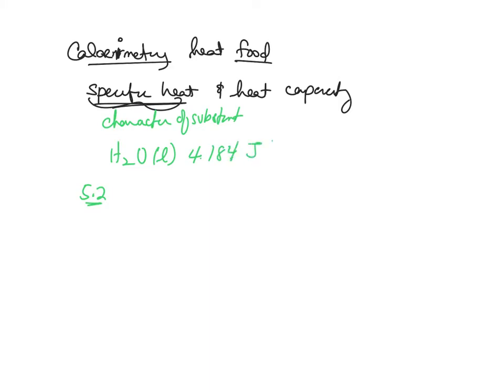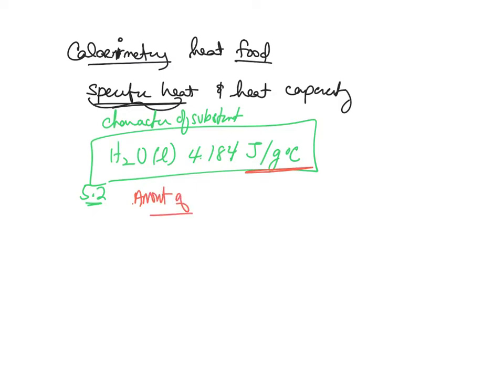4.184 joules per gram per degree Celsius. Please always write those units down. It will be the difference of getting it right or wrong. So what this means is this is the amount of Q, heat, that is required to increase the temperature of 1 gram of material by 1 degree Celsius.